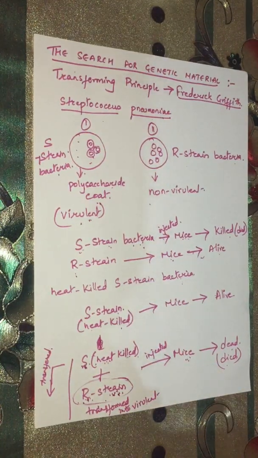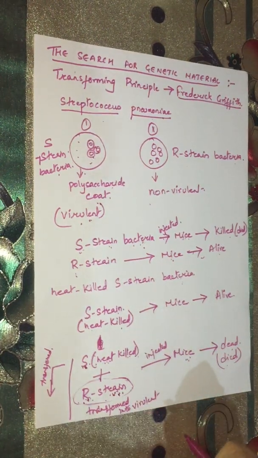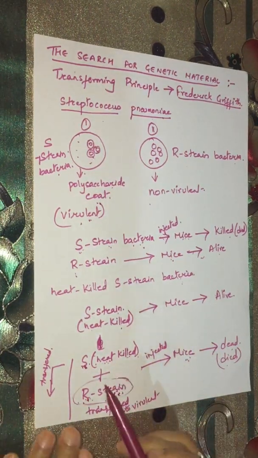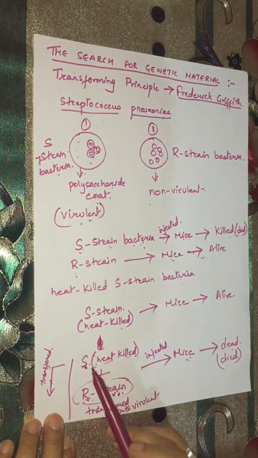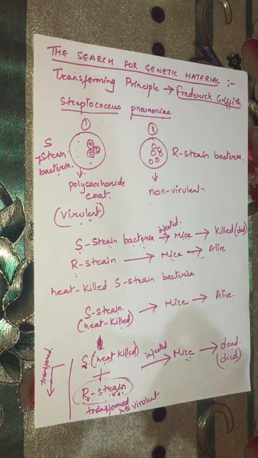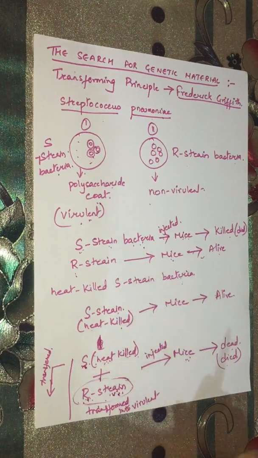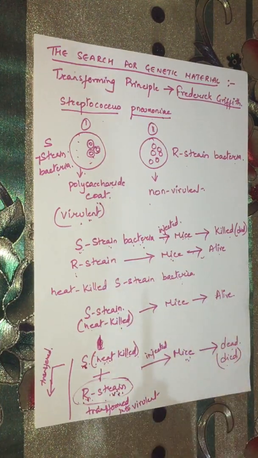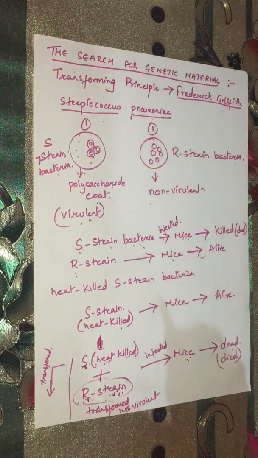So this must be due to the transfer of genetic material from this S heat killed bacteria to R strain bacteria, but the nature of genetic material was not defined from this experiment.